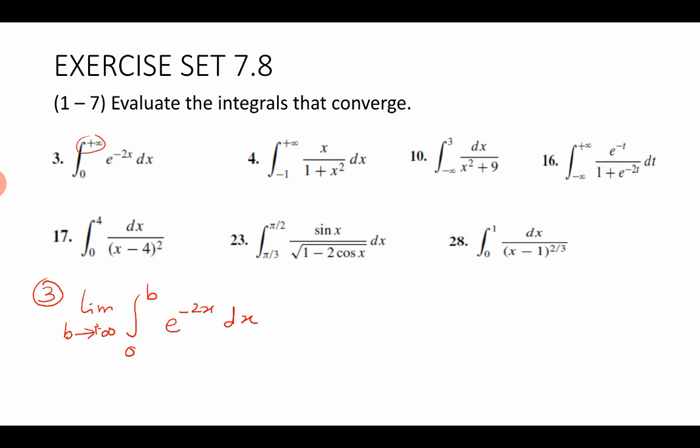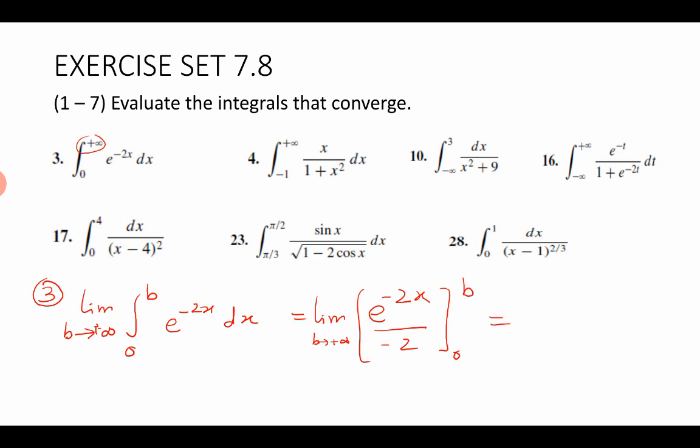That's it. So integrate as usual by using fundamental theorem of calculus part 1. What is the integration of exponential negative 2x? It is e raised to minus 2x over minus 2 from 0 to b, and the limit b approaches positive infinity.